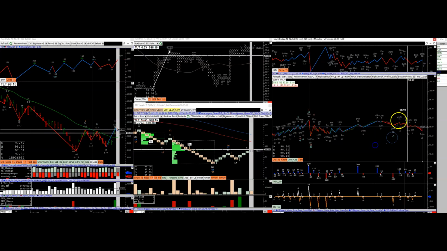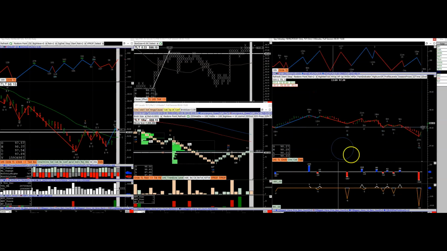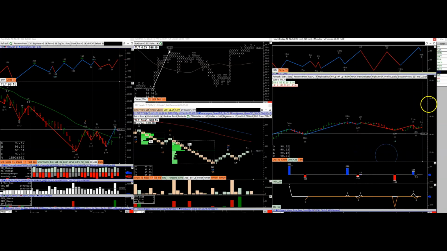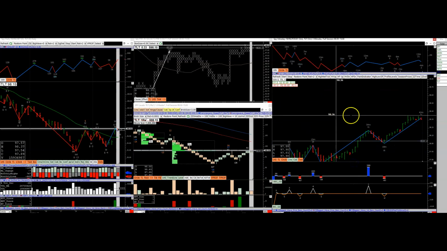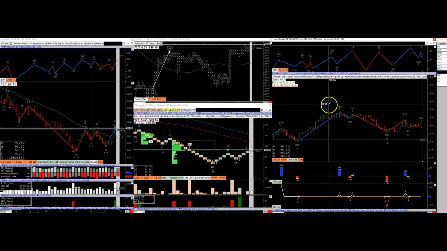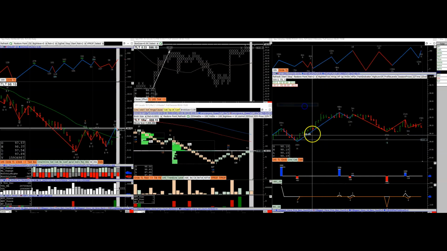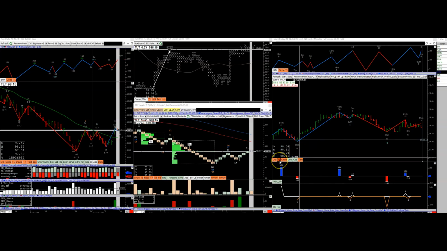And you know what really strengthens your conviction? How many bars at this high are overlapping? Can you tell me that? Ooh, I don't have a rectangle.